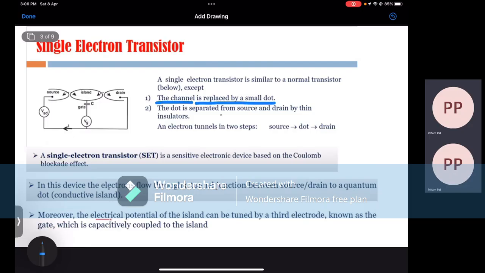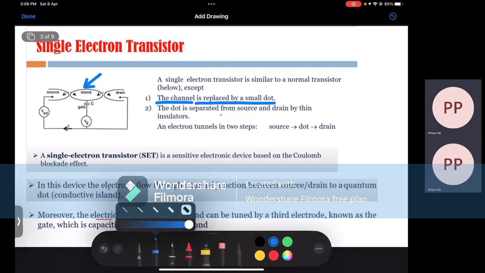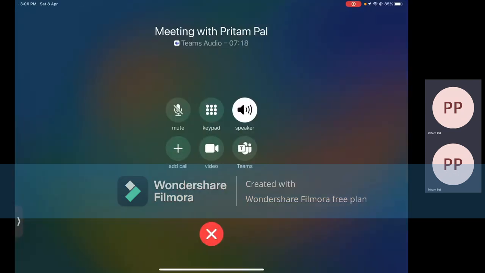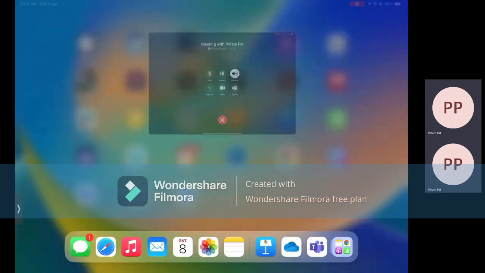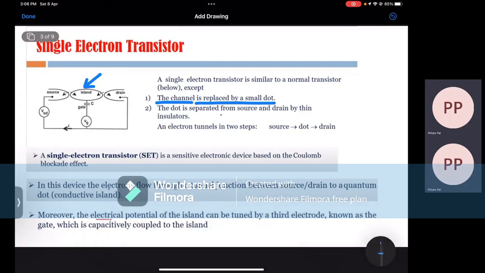This island that you can see, this small dot, is replacing the channel.